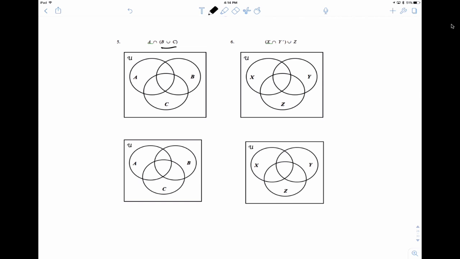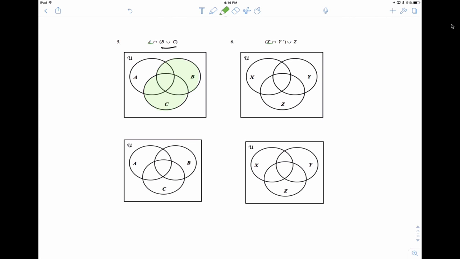So we're going to start inside with B union C. B union C, I'll do that color. And what I've learned in the past 10 minutes is not to lift up my stylus. B union C. And then I don't have that overlapping that I've been getting in the video to this point. Isn't that nice? There's B union C, all of B, all of C. And straightforward now, so I'm looking for A intersect.